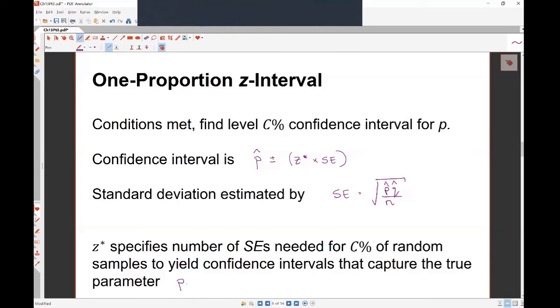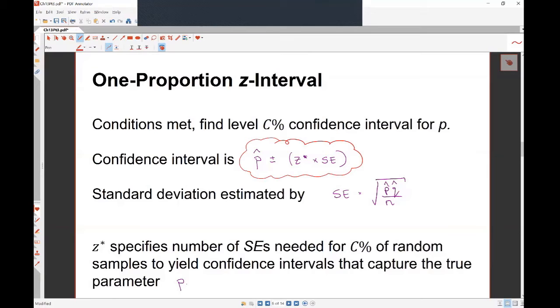So what we are saying by constructing a confidence interval, when we calculate this quantity, p hat plus or minus the Z star times the standard error, is that it gives us a whole range of values, and we have a certain degree of confidence that the true value is inside that range.